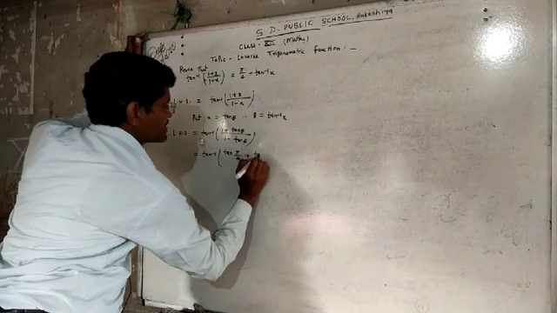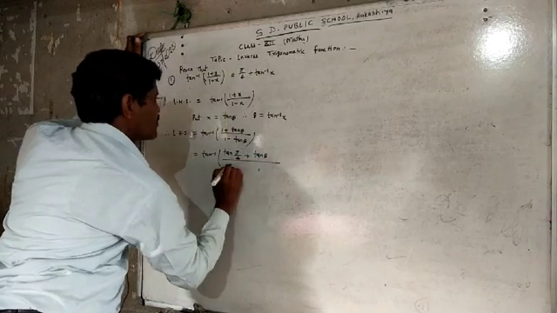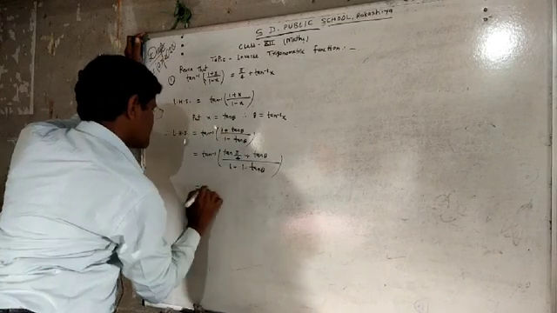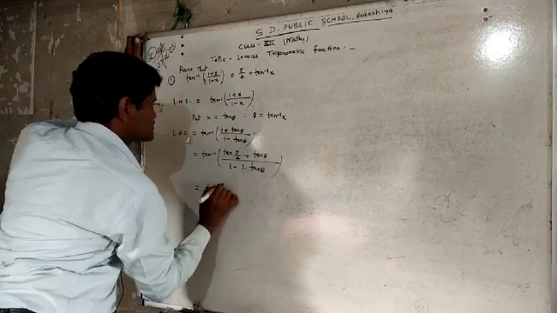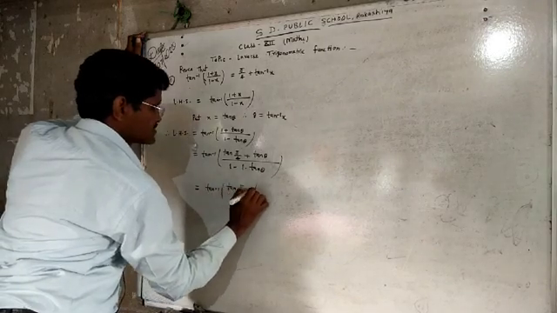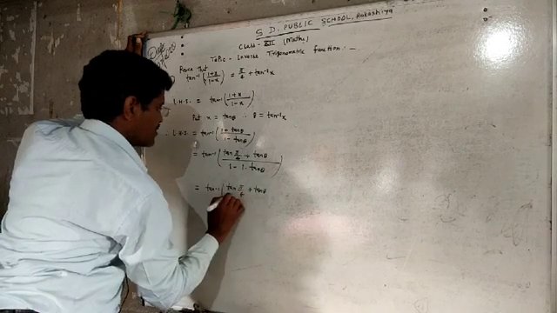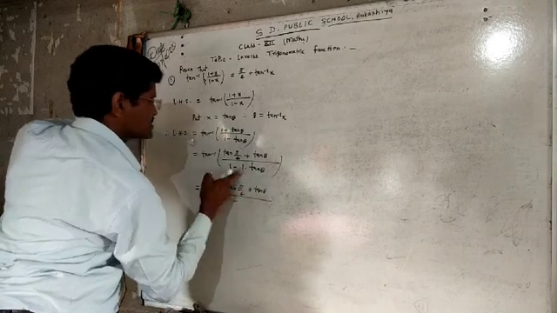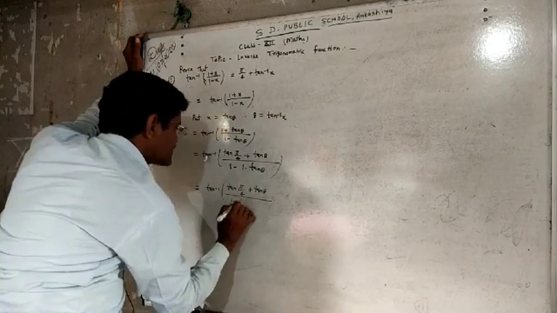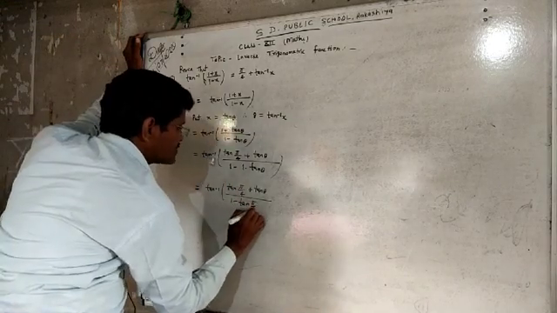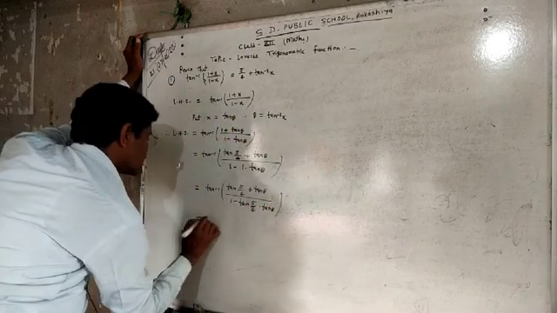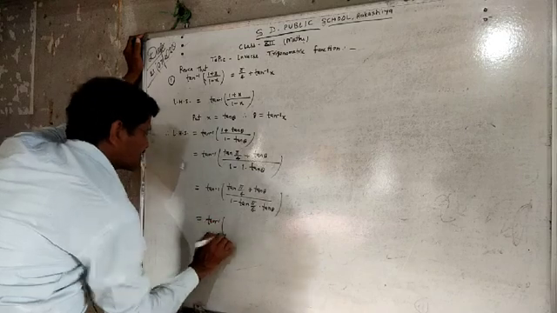So it is equal to tan inverse of (tan pi by 4 plus tan theta upon 1 minus 1 into tan theta), and the value of 1 is also put as tan pi by 4, so tan pi by 4 into tan theta, is equal to tan inverse.